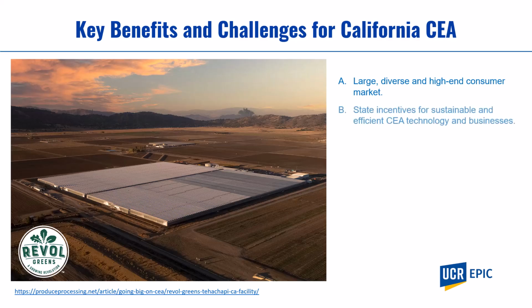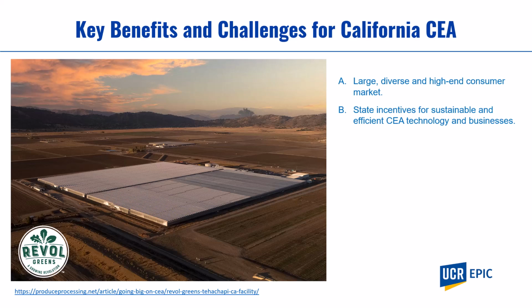The second point is California is providing incentives for sustainable and efficient CEA technology and businesses. This can be everything from advanced LED lighting to cogen energy to reduce energy rates. There's a lot of incentives out there, and you need to know how to tap into that.